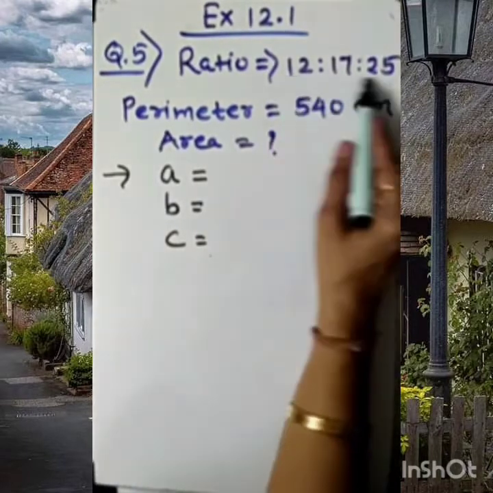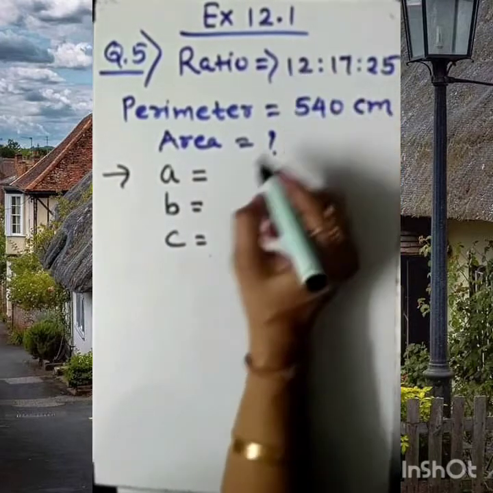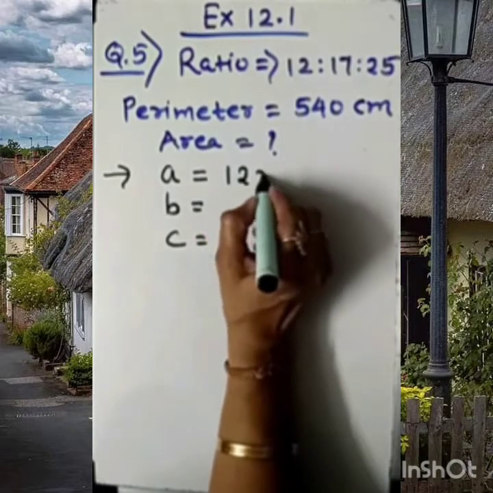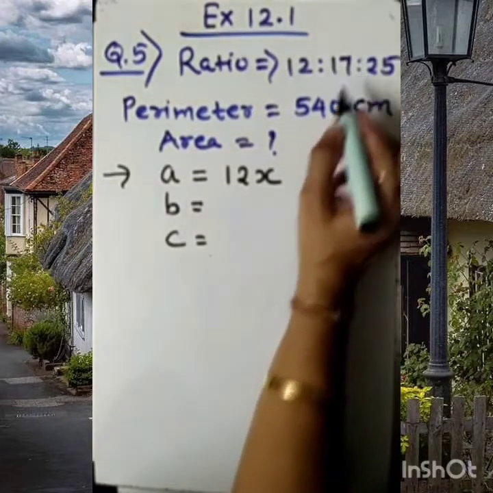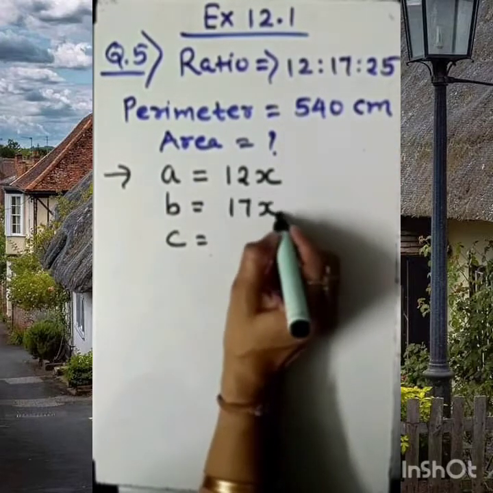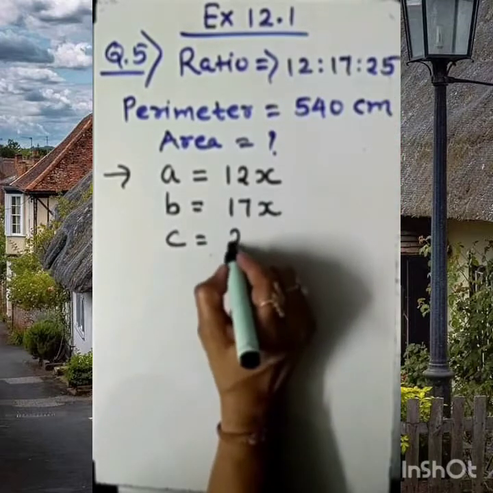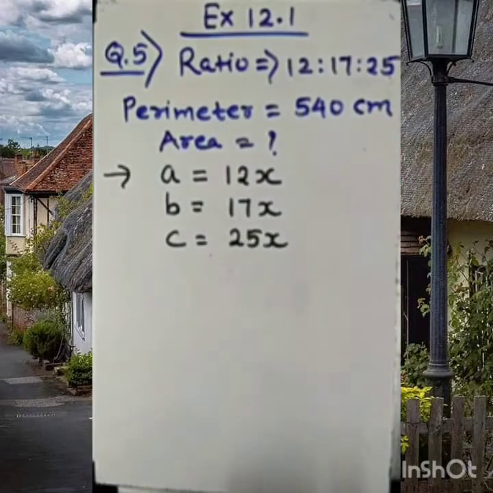As it is given in the ratio, a will be 12x. Any constant we need to multiply along with that. Then b will be 17x and the value of c will be 25x. These are the three sides of a triangle.